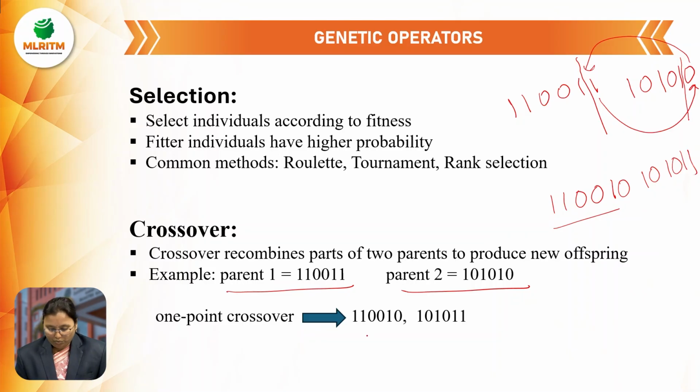So one point crossover means parent 1 is 1 1 0 0 1 1 and parent 2 is 1 0 1 0 1 0, and we take only one digit: this 1 replaces the 0, and this 0 is placed here. This is called crossover.